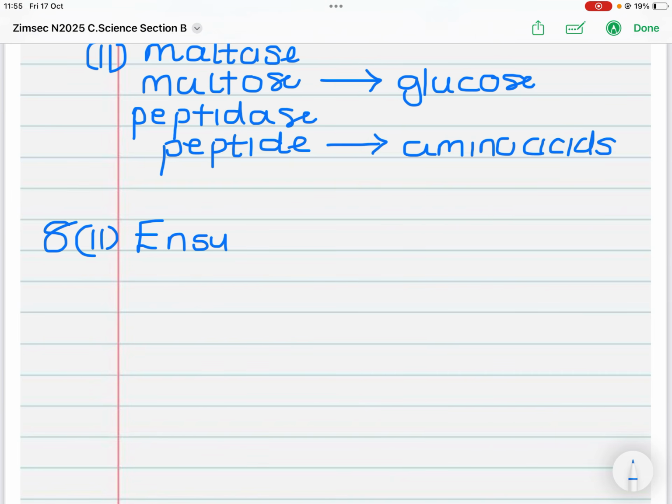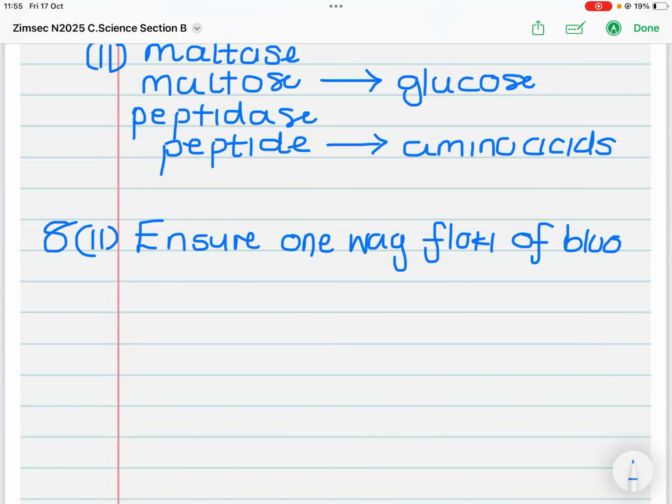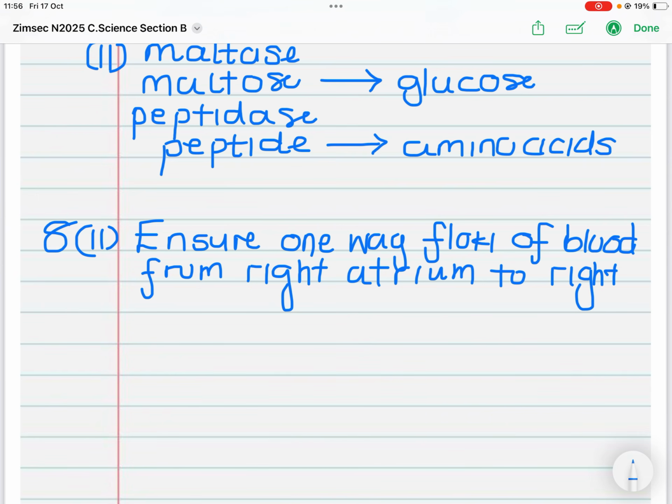We are required to give the function of tricuspid valve. It ensures one-way flow of blood from right atrium to right ventricle.